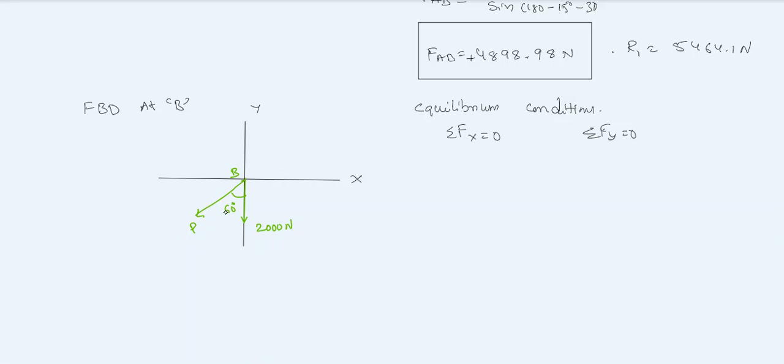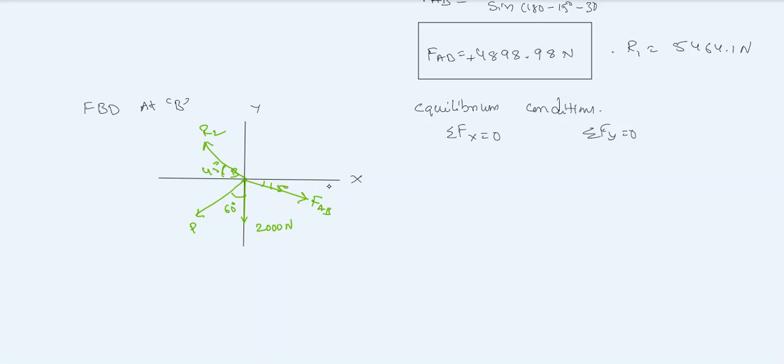R2 acts 45 degrees to the horizontal. FAB is in the fourth quadrant, so let's draw FAB in the fourth quadrant at an angle of 15 degrees.